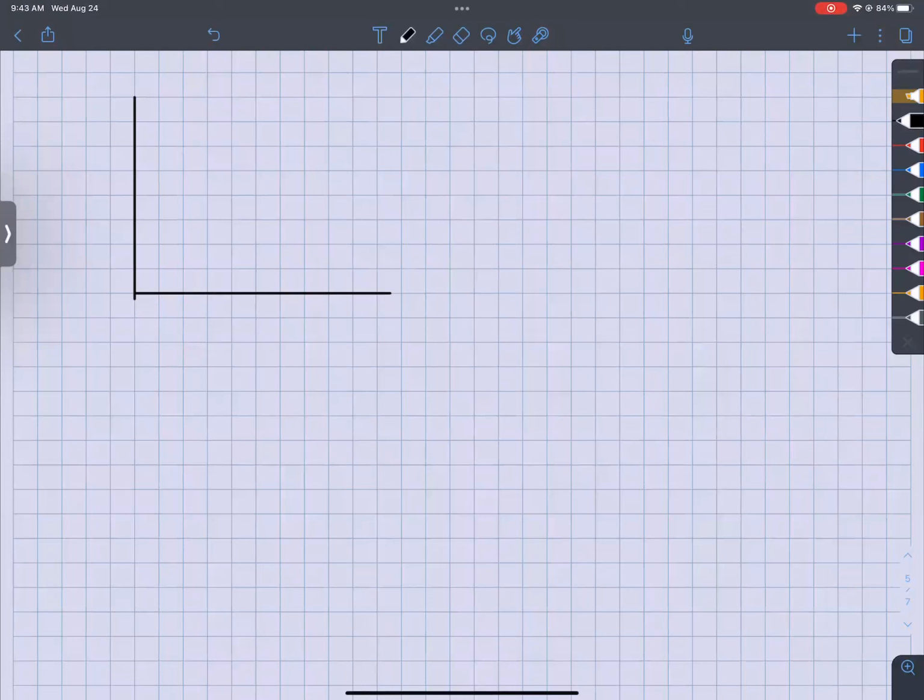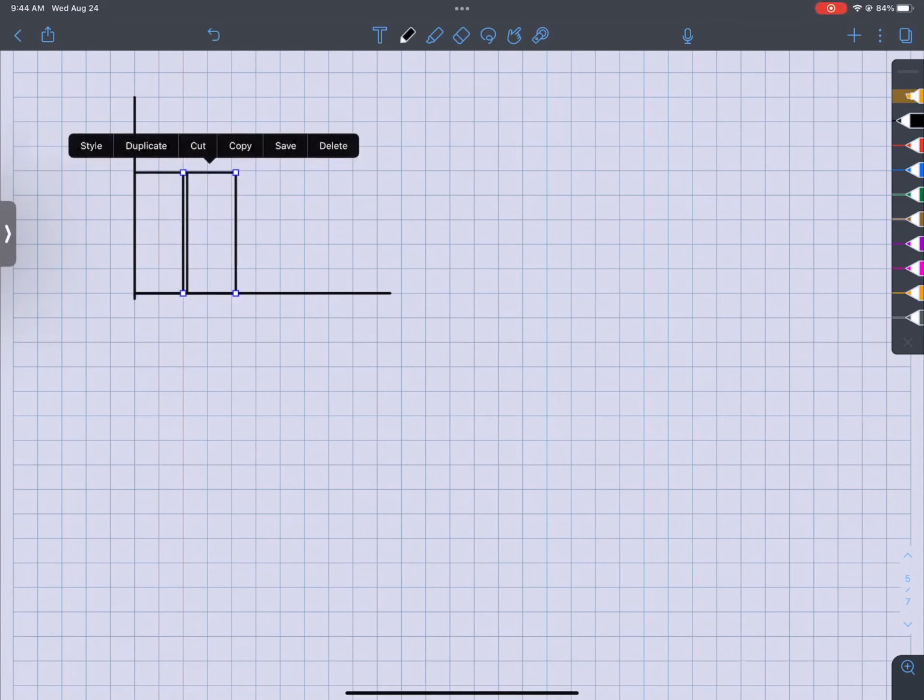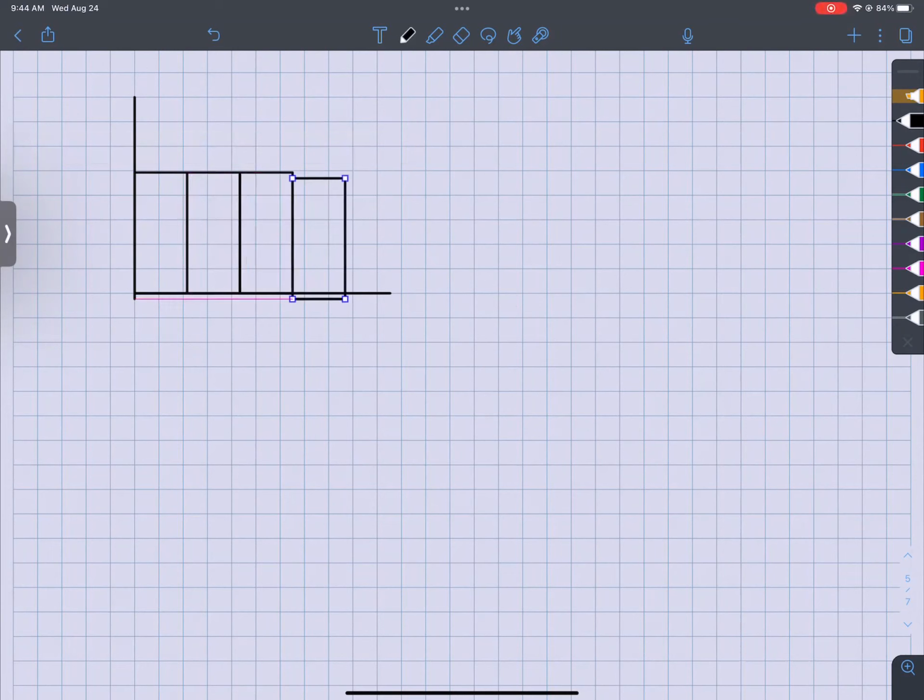So you might have something that is going to look something like that. Actually, let me do one more. Right? So this right here is called uniform. It's a uniform distribution.